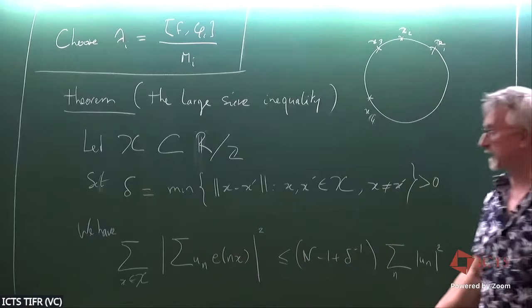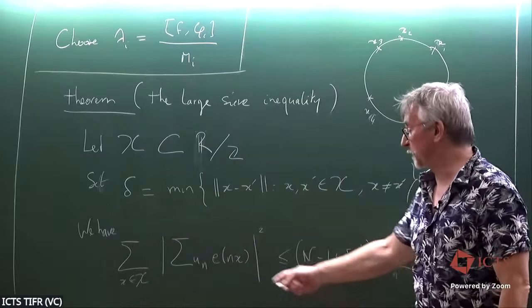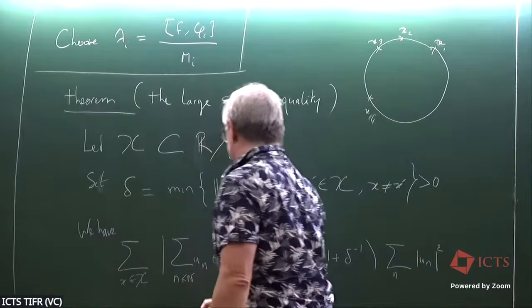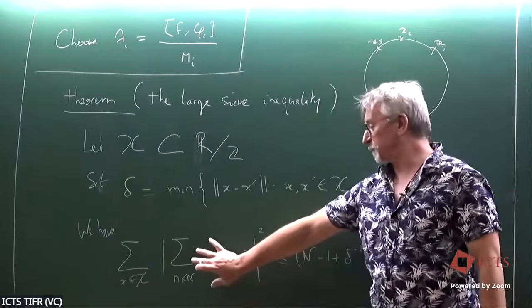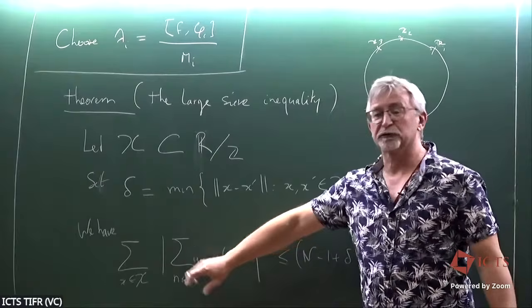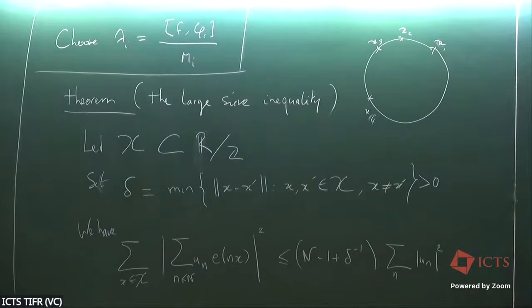I forgot to say, for every complex sequence un, of length n, we have this inequality. Okay? So that's the global inequality. This one is my Fourier polynomial at x, and I can give an upper bound for the global average of these values. And the proof should not take me long.